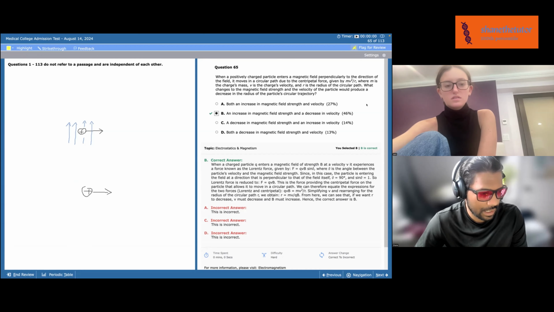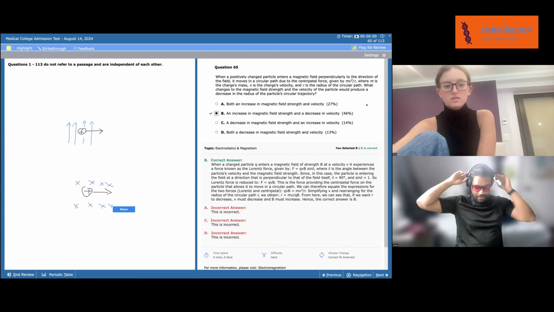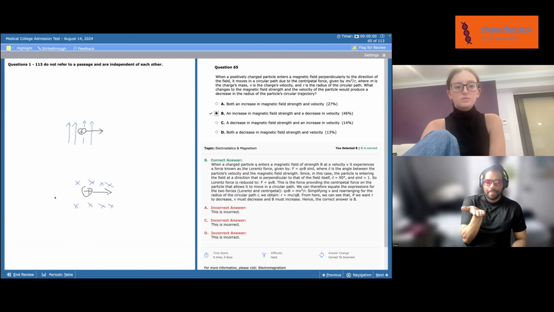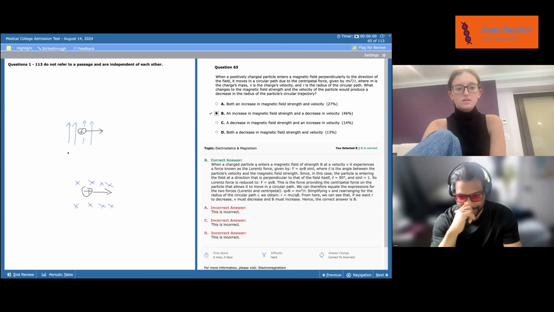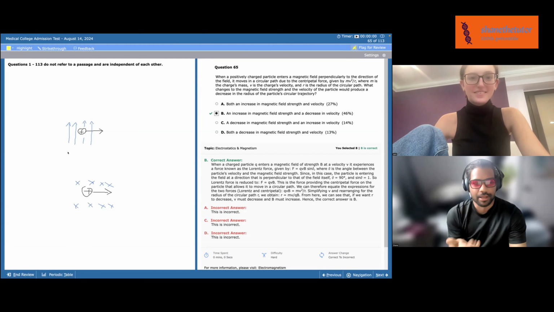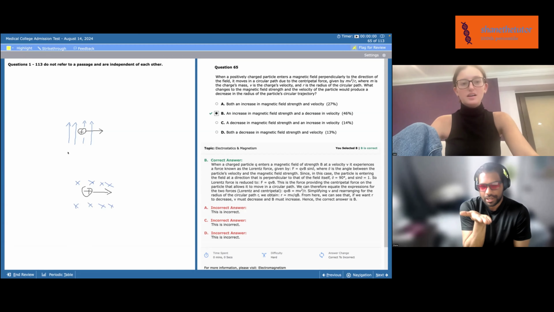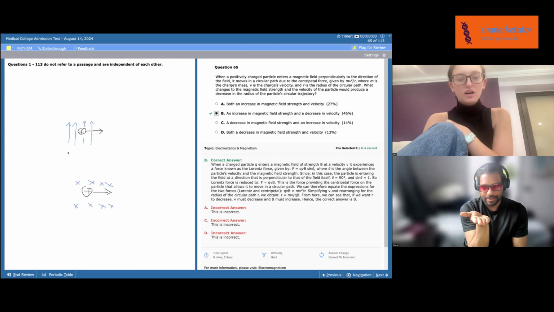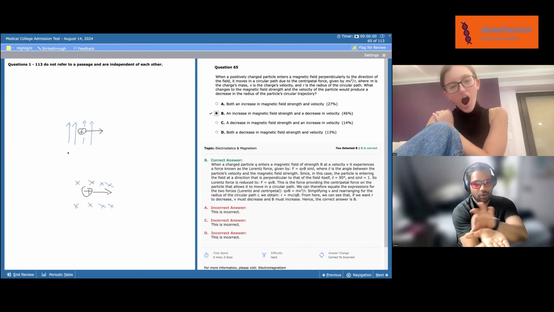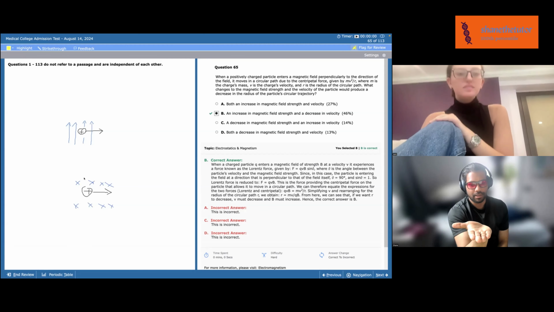Oops. If it's into the page, it's drawn as X's. So let's try that out. So the X's will go into the page. So we want these fingers to be going into the screen, and we still want our thumb to be moving to the right.